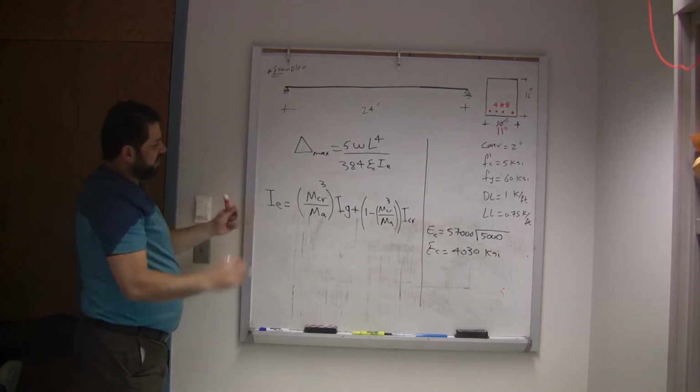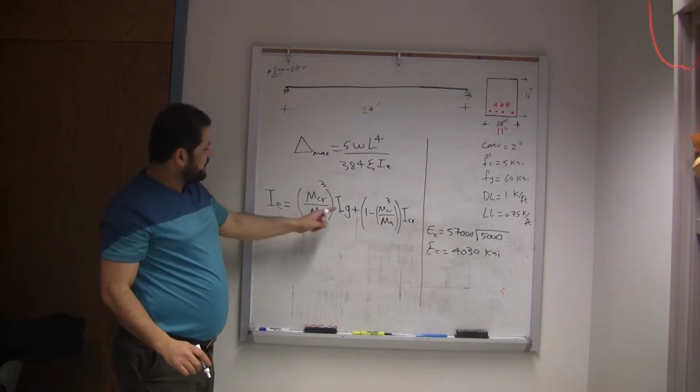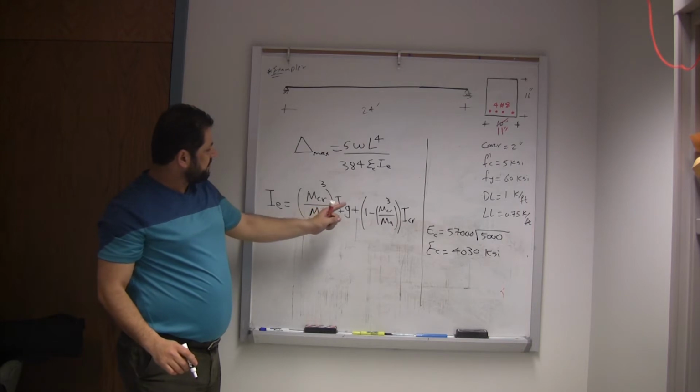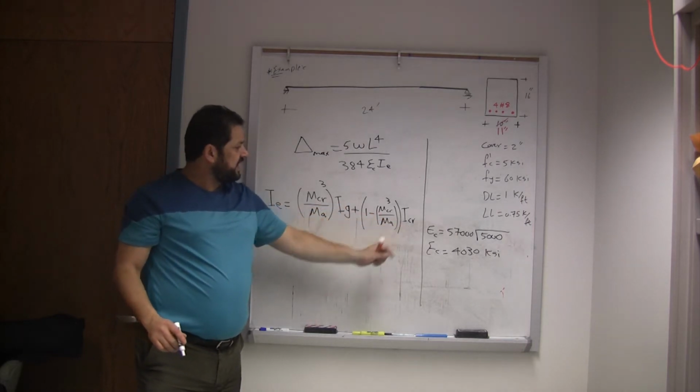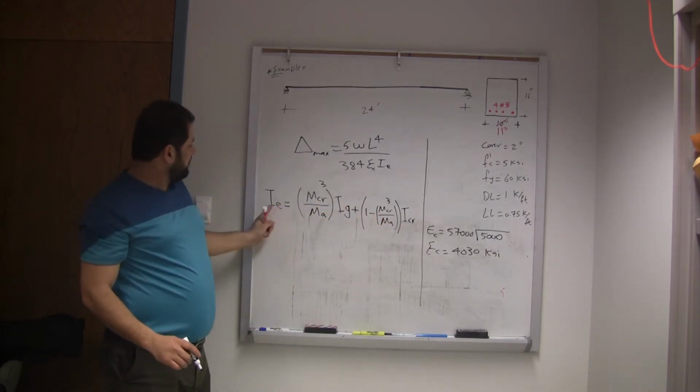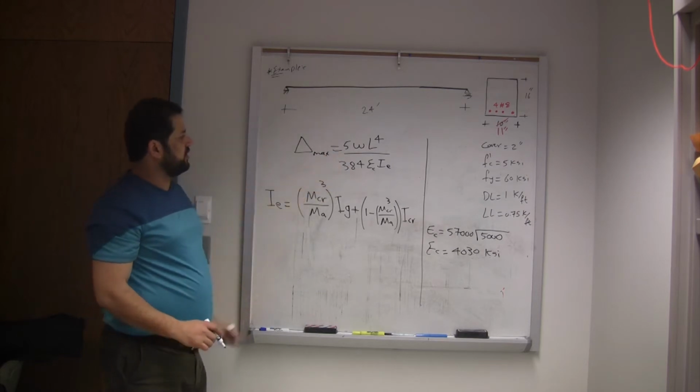Good? So look how much I need to calculate: Ma, M crack, I gross, I crack. Then I will be able to find this one, then I will put everything together.